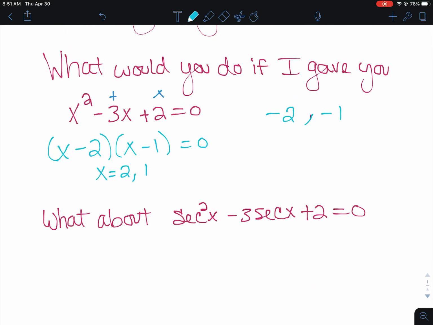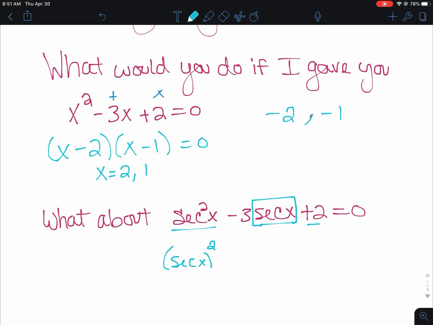Okay, simple enough. So if I give you something really similar, but this time it says secant squared x minus 3 secant x plus 2 is equal to 0, we can factor it in the exact same way. We just have to remember that instead of it being x minus 2 or x minus 1, the piece that's representing our x here is the secant of x, right?